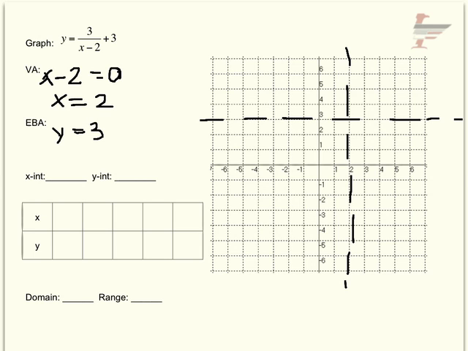And then for x-intercepts, technically I solve the numerator, but this shifting +3 gets in the way. So I'm really going to put 0 in for y, because now I can subtract that 3 over. And when I multiply by x minus 2, I'm actually going to have something.